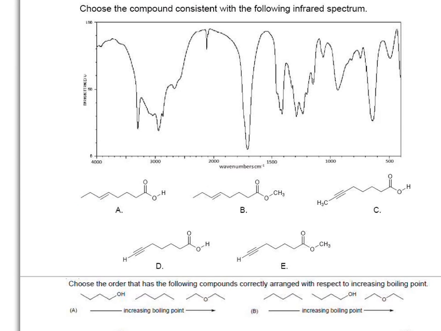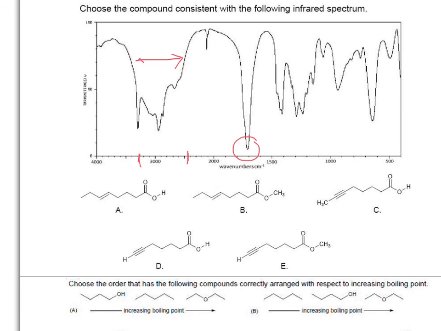Okay. We have an IR here and some structures given, and you have to basically say which of the structures satisfies that IR. So a couple of things here. When you take a look, there's a 1700, and that should tell you that there's a carbonyl. Guess what? All of them have a carbonyl. But then there is also like a really broad peak, which starts around 2500, goes on around 3200 or so.